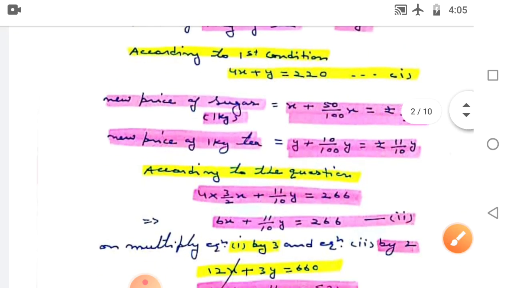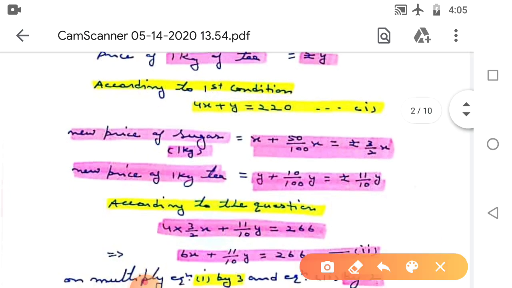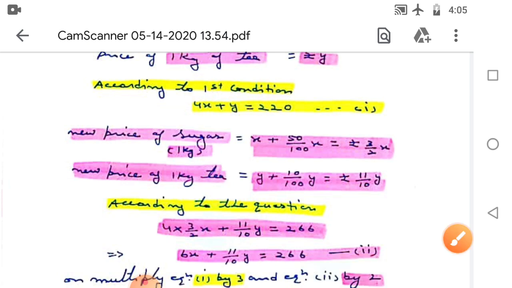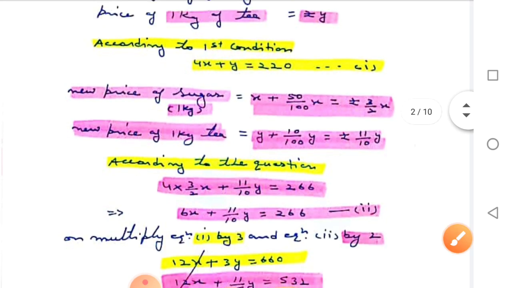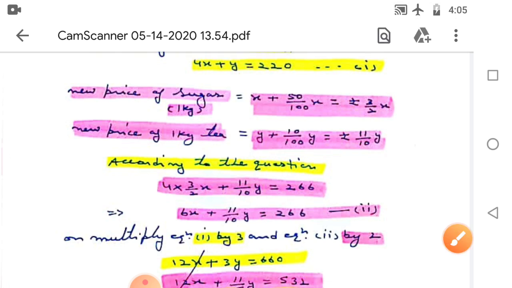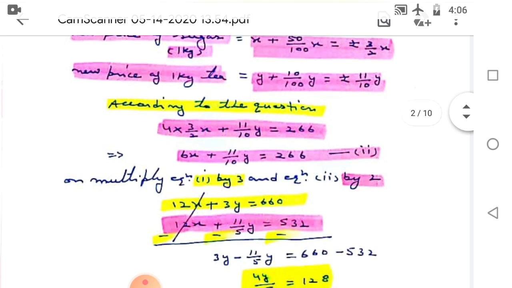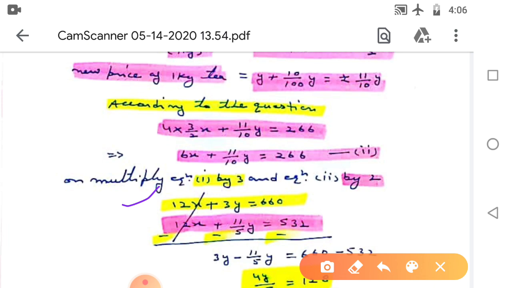Now, on multiplying equation 1 by 3 and equation 2 by 2, finally we get two equations here: 12x plus 3y is equal to 660, and 12x plus 11 upon 5y is equal to 532, after multiplying equation 1 by 3 and equation 2 by 2.